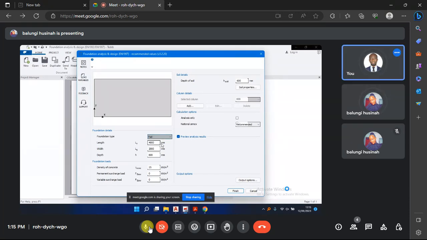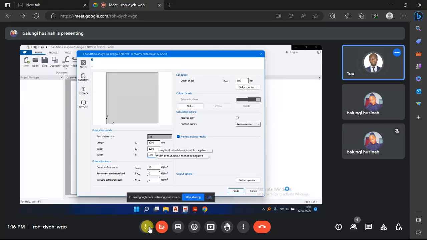You first assume 1.2, then the depth you can assume 350, because this is like a zone I consider like minimum.